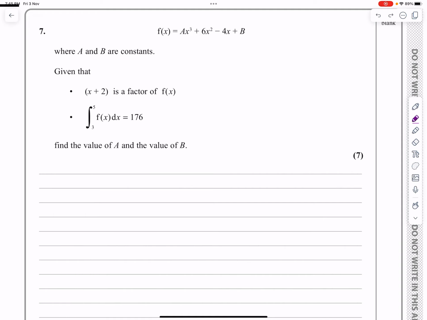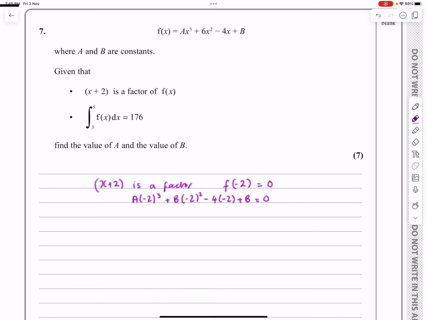So the first bit says x plus 2 is a factor of f(x), and what that means then is that f(-2) will equal 0. So if I put that information in, then I'm going to get a times (-2) cubed plus b times (-2) squared minus 4 lots of (-2) plus b is equal to 0.